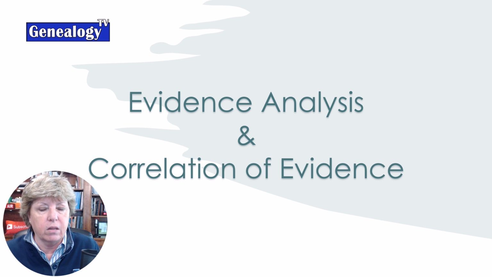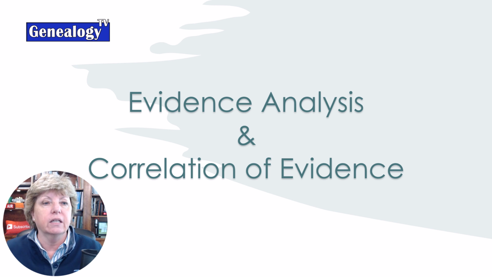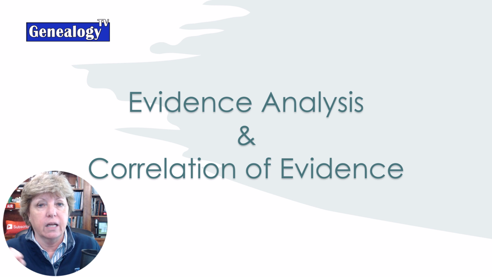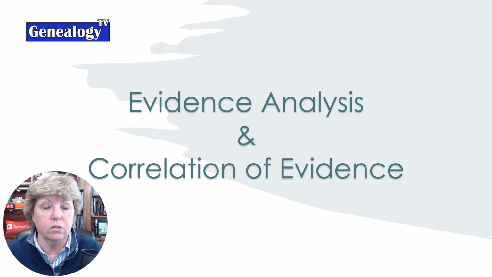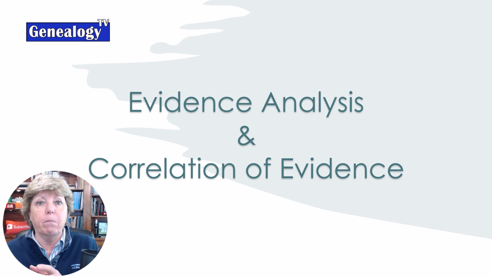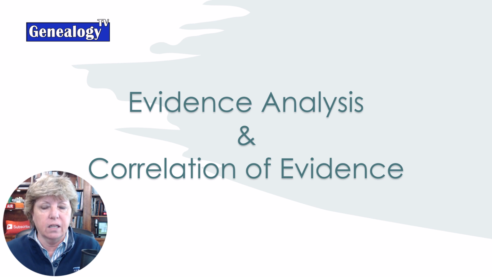I don't know why we call them facts. It's really evidence within a document, because at this point we're not sure it's factual, right? We're trying to resolve a conflict. And so this is the process that we use. So evidence analysis, each document individually, and correlation of evidence collectively. What story does the collective body of evidence tell us?